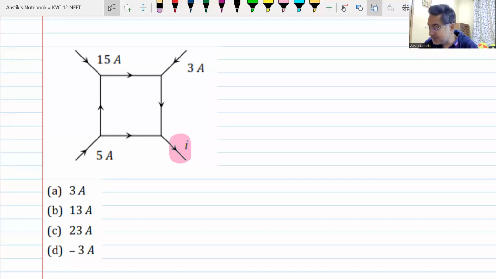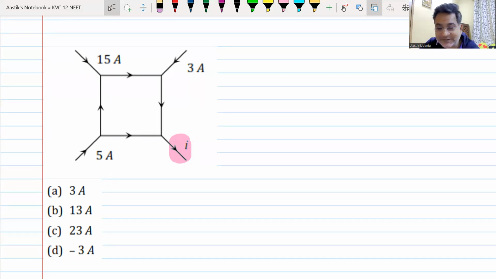So the answer is option C, which is 23 ampere. How did you get 23 ampere? First of all, you have to understand what the currents are in different branches. It looks like a very complicated question. No, sir. 5 amperes, 15 amperes, and 3 amperes are input currents, and I is the output current.